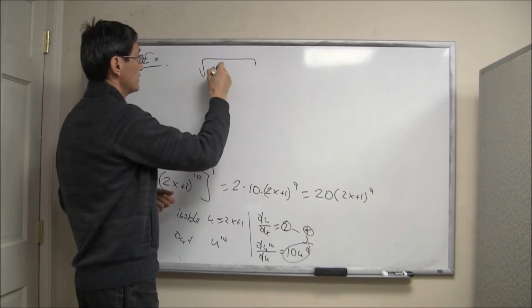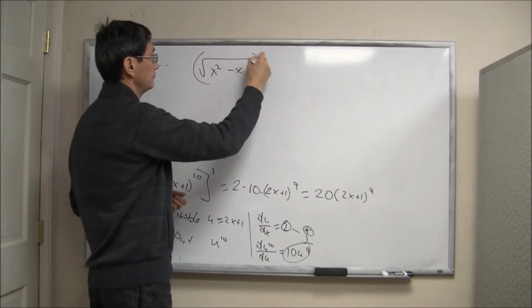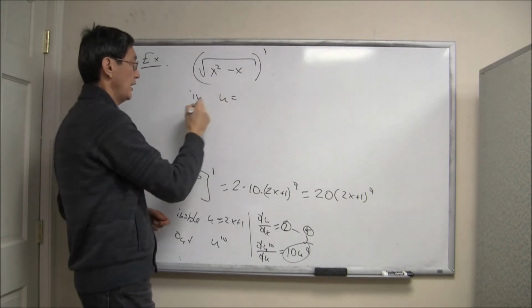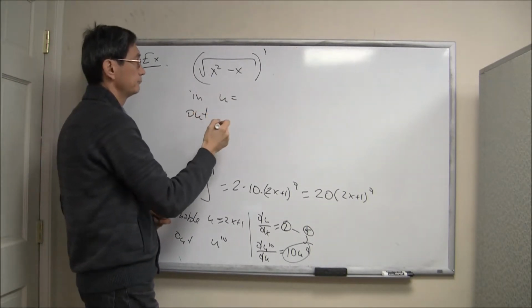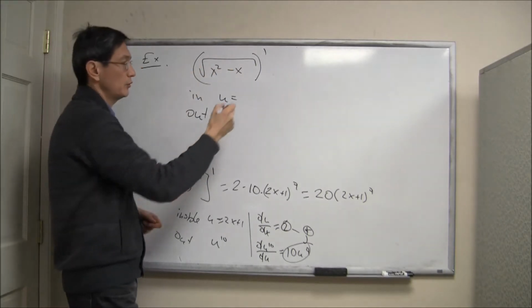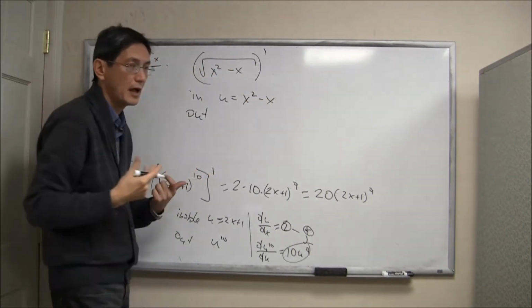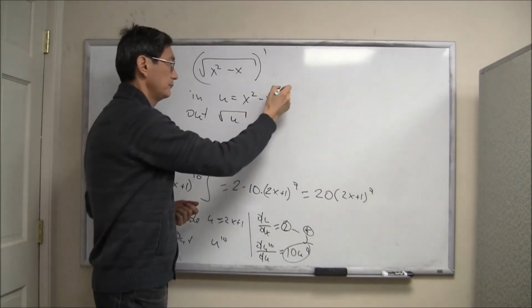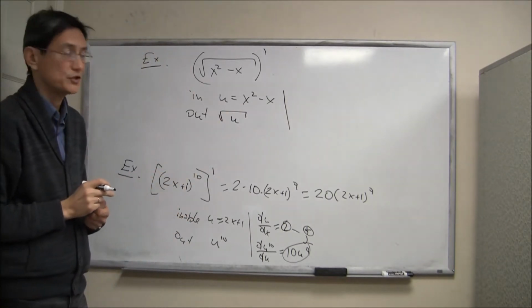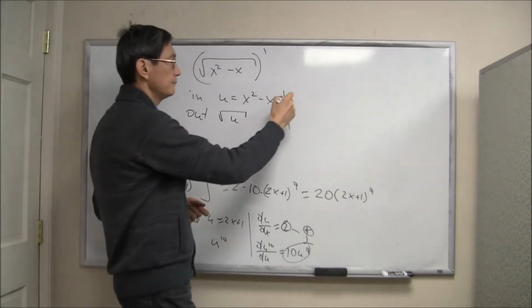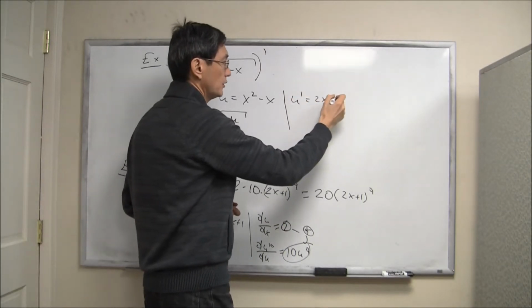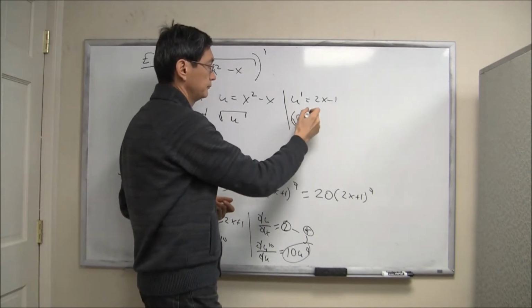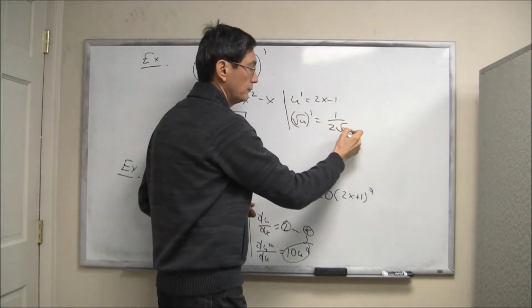The derivative of the square root of x squared minus x. So we need to figure out what the inside function is and what the outside function is. The inside function is the expression under the square root, x squared minus x. The outside function will be square root of u. Now we're going to apply the chain rule. The chain rule says take the derivative inside, 2x minus 1. Take the derivative outside, square root of u: 1 over 2 square root of u.